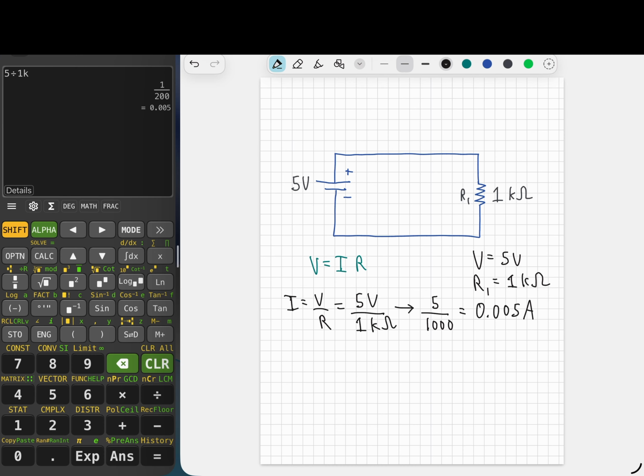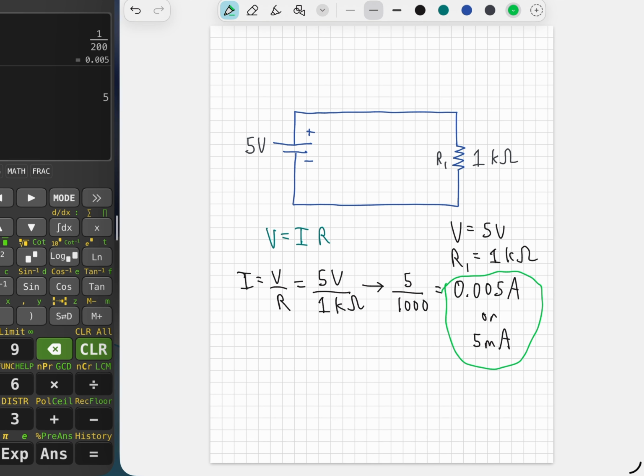Okay, so we got our number in amps, but we want to get rid of all the zeros and clean it up. So we just multiply that by 1,000. Equivalently, it's 5 milliamps. So these are our answers right here.